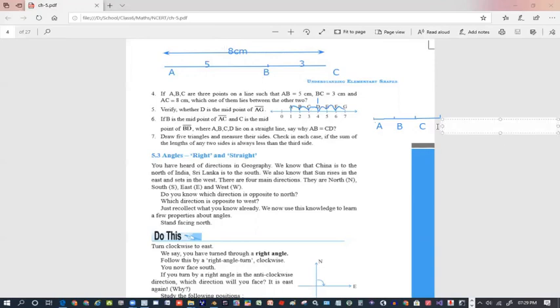C is the midpoint of BD. So it is saying show that AB is equal to CD. So see, the proof is here. B is the midpoint of AC. Therefore AB is equal to BC. Correct. Then it is given C is the midpoint of BD.